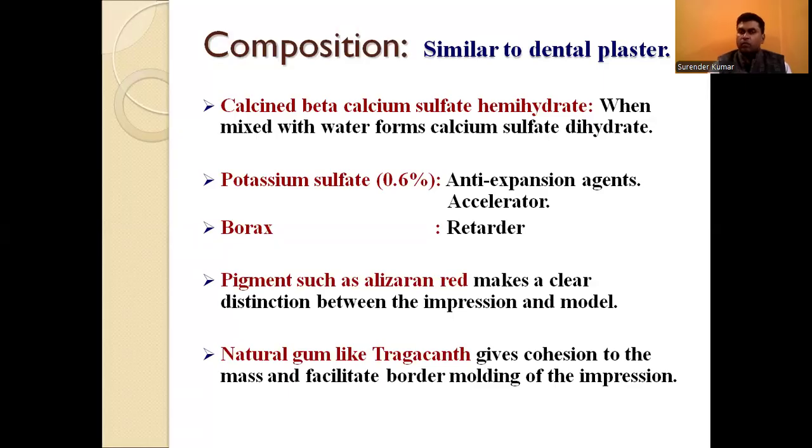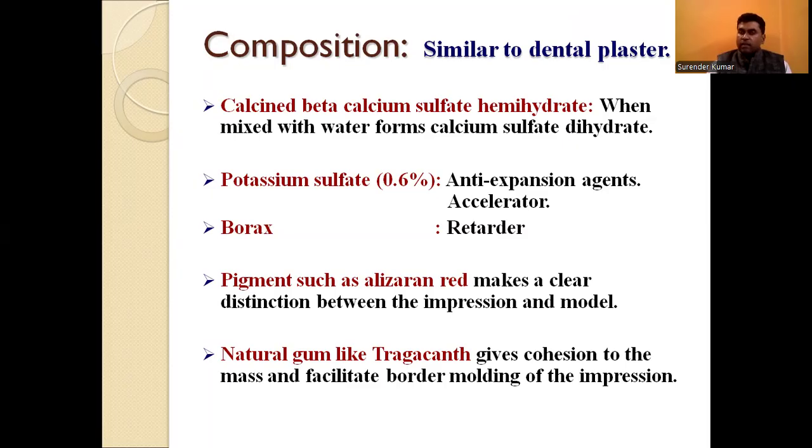When it is mixed with water, it forms calcium sulfate dihydrate. It also contains potassium sulfate, which acts as an anti-expansion agent and an accelerator. Borax is added as a retardant. A pigment such as alizarin red makes a clear distinction between the impression and the model.